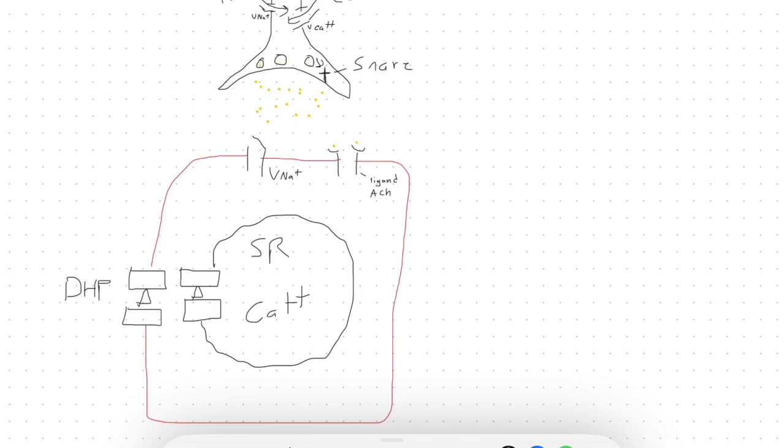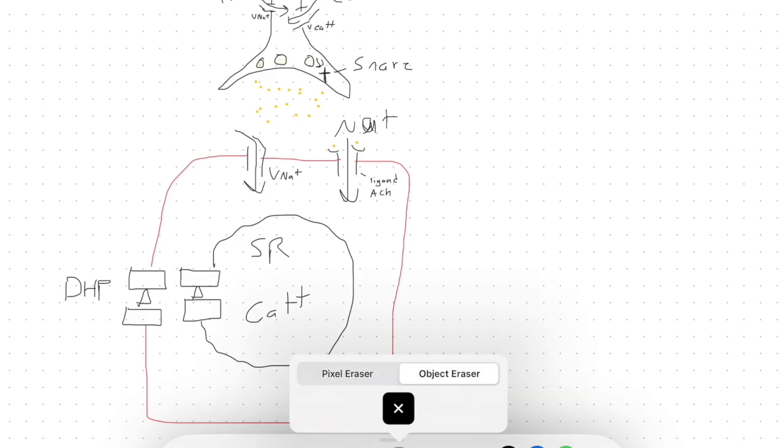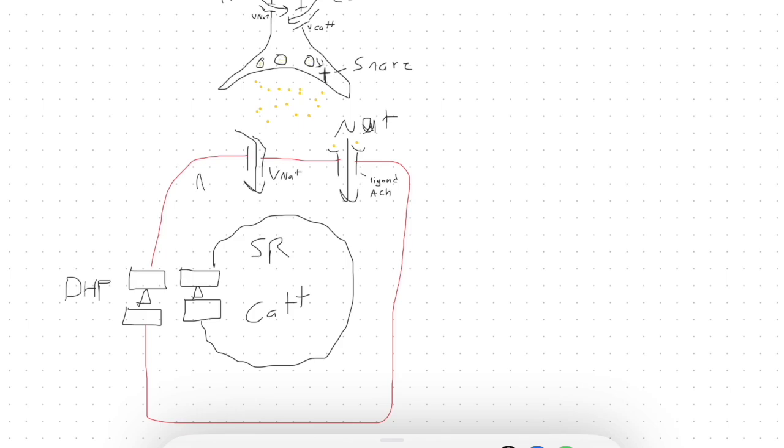The acetylcholine then binds to ligand-gated acetylcholine channels that will allow sodium to pass into the cell, along with the voltage-gated sodium channels. The sodium will then create an action potential that will activate the dihydropyridine receptors, causing them to open and allowing calcium to flow out of the sarcoplasmic reticulum.